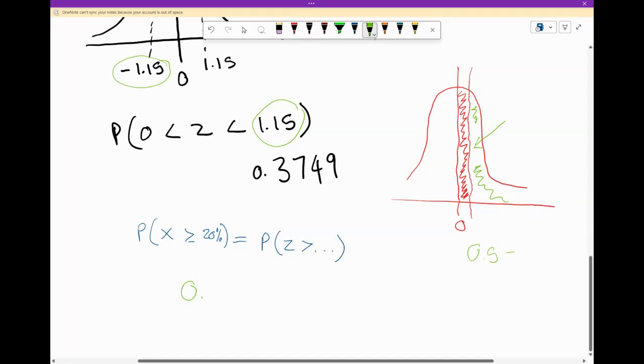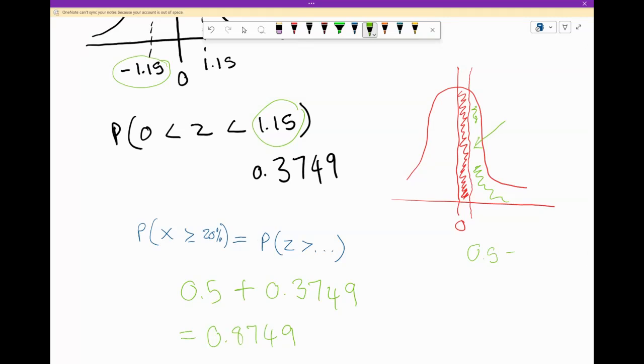So 0.5 plus this 0.3749 will then give you 0.8749. So the difference between this one and the first question you did is that we had to minus the 0.5 from the z-score.